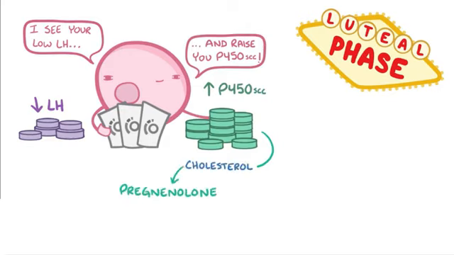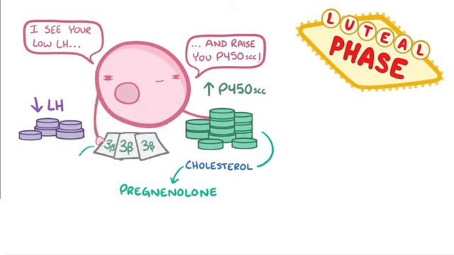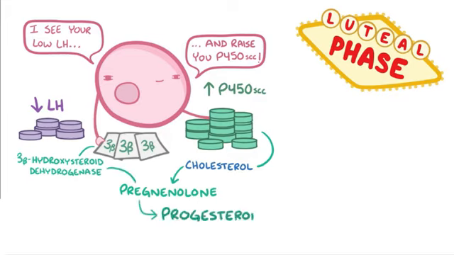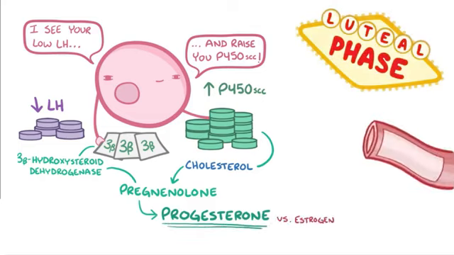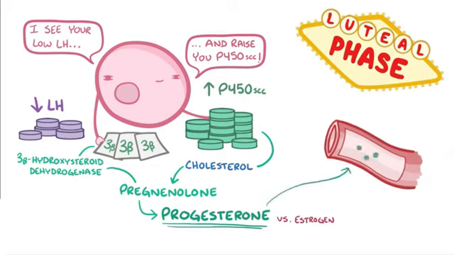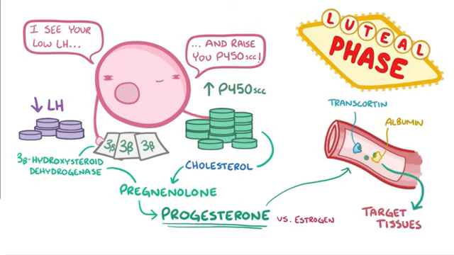What's more, granulosa cells also have some 3-beta hydroxysteroid dehydrogenase of their own to convert that pregnenolone into progesterone. So, during the luteal phase, granulosa cells secrete more progesterone than estrogen. Progesterone is then released into the blood, bound by plasma proteins like albumin and transcortin, and transported to target tissues.